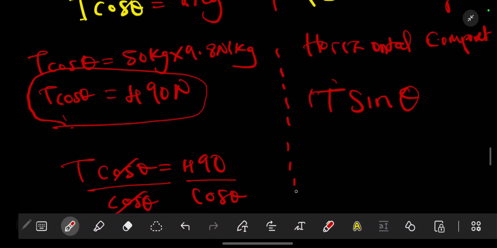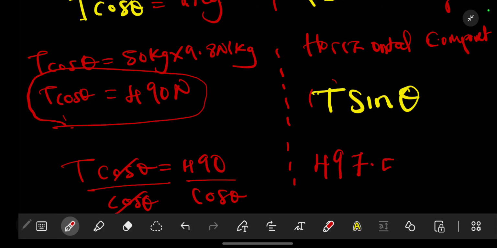Then we are going to use this tension to find the horizontal component. Remember, the horizontal component is this whole thing. So the horizontal component will be, what is your T? Your T is 497.56.